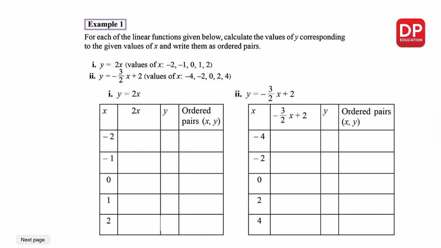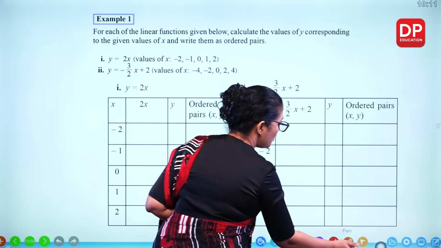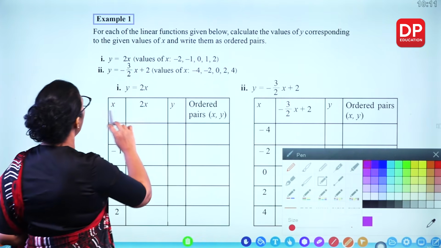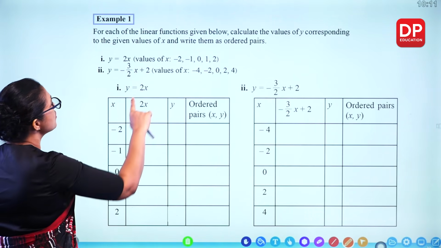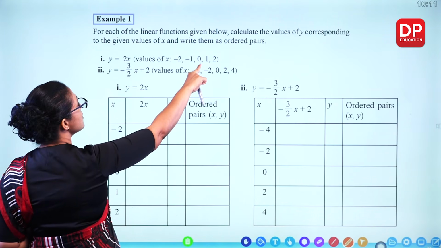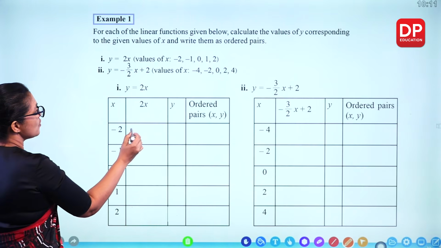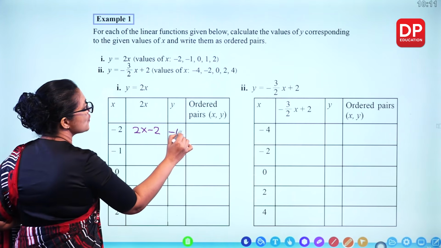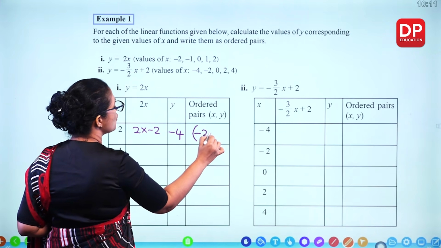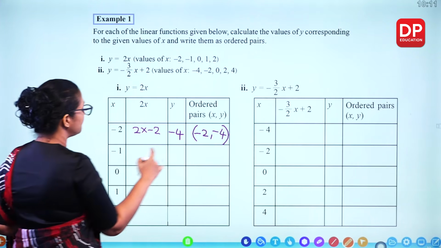Example number 1. For each of the linear functions given below, calculate the values of y corresponding to given values of x and write them as ordered pairs. So, we'll use y equals 2x first and you are asked to substitute minus 2, minus 1, 0, 1, 2. So, substitute 2 times minus 2, minus 4. So, what's the pair? Minus 2 and minus 4.